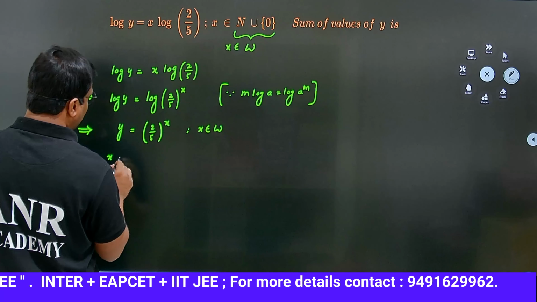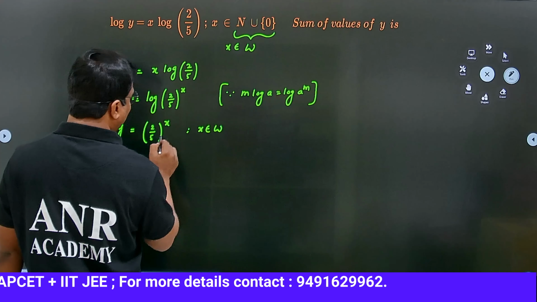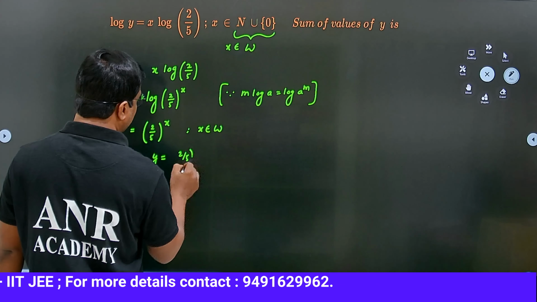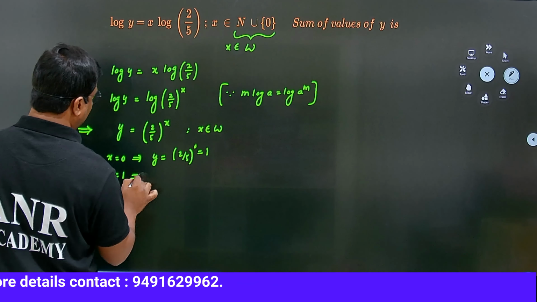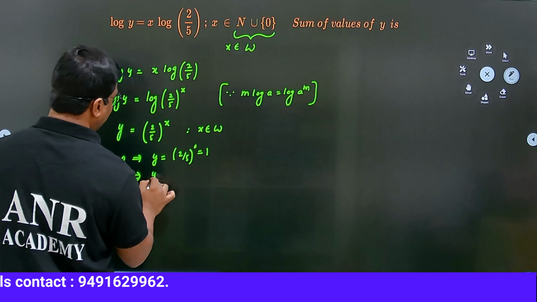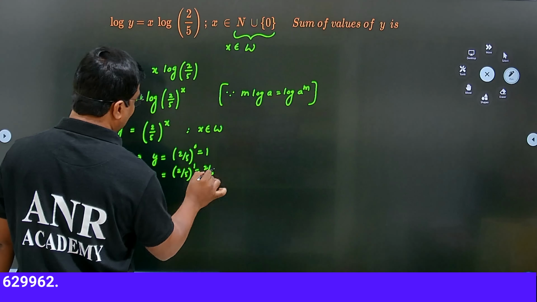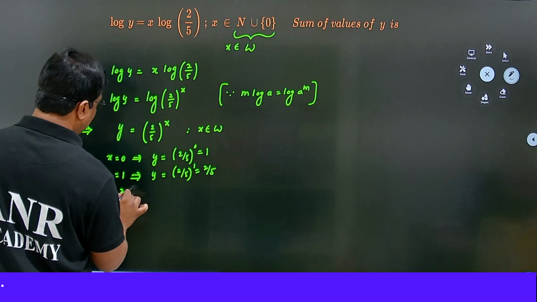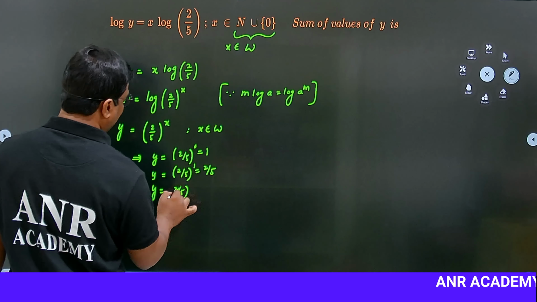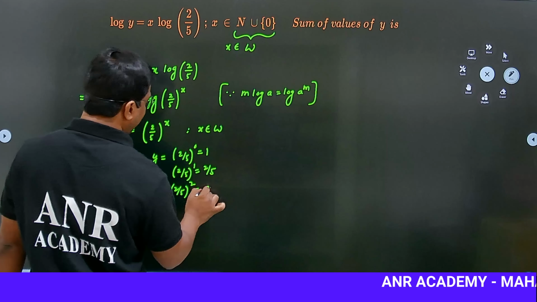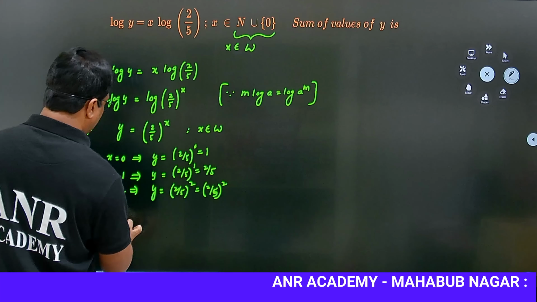Suppose x equal to 0 implies the value of y becomes 2 by 5 whole power 0, nothing but 1. Next, x equal to 1, y equals 2 by 5 whole power 1, nothing but 2 by 5, and then x equal to 2, we get 2 by 5 whole square, and so on.